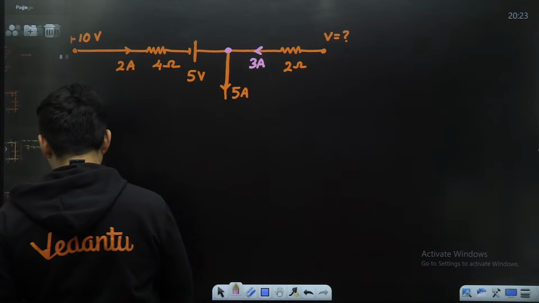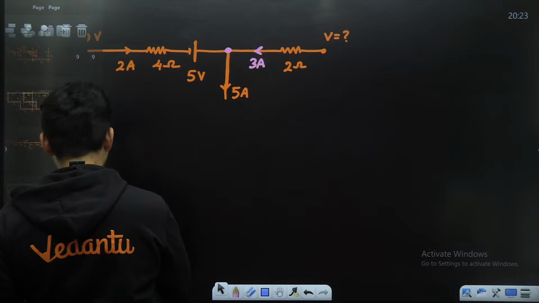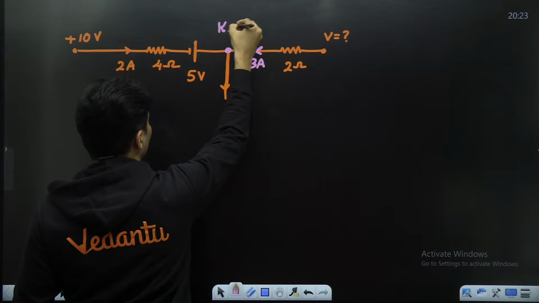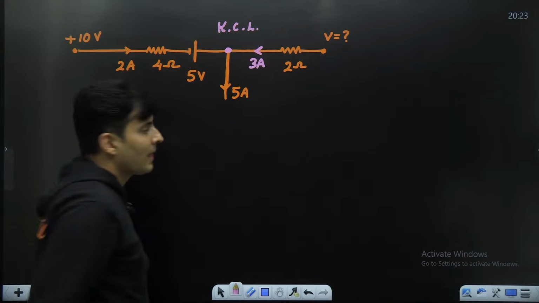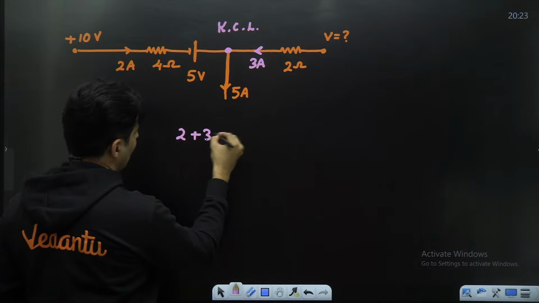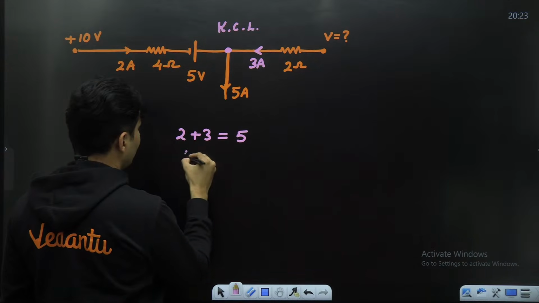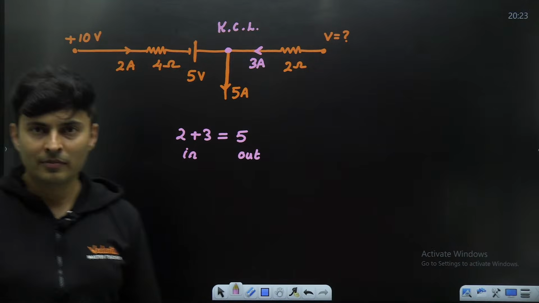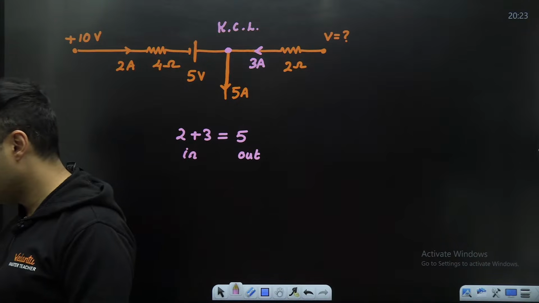And this is purely justified by Kirchhoff's current law, KCL. So 2 amperes plus 3 amperes is equal to 5 amperes. Whatever is coming in is going out. That's all I have applied. Everyone till this point absolutely clear?